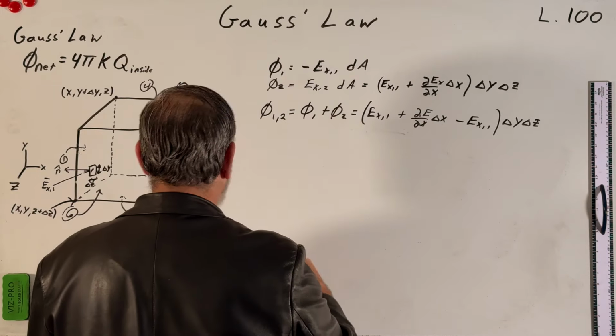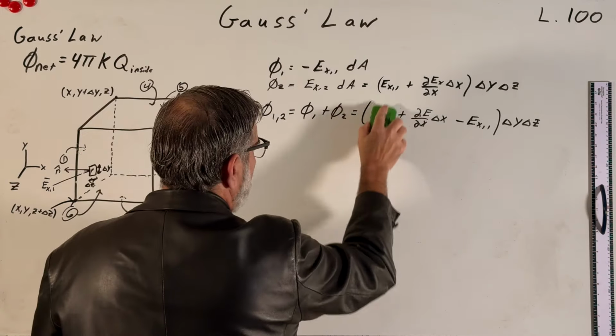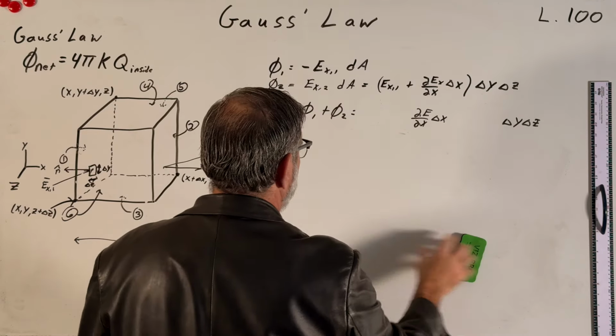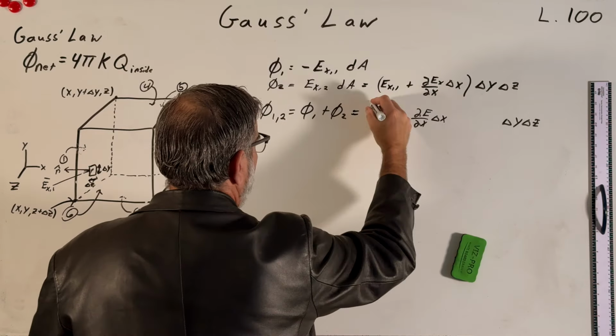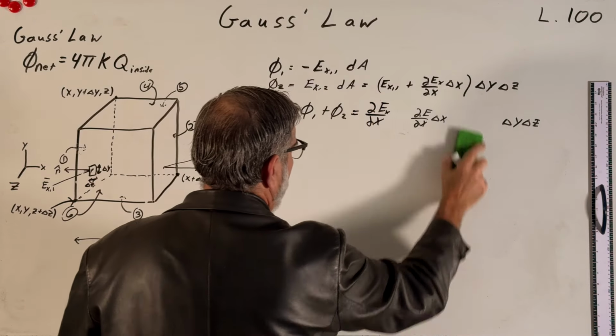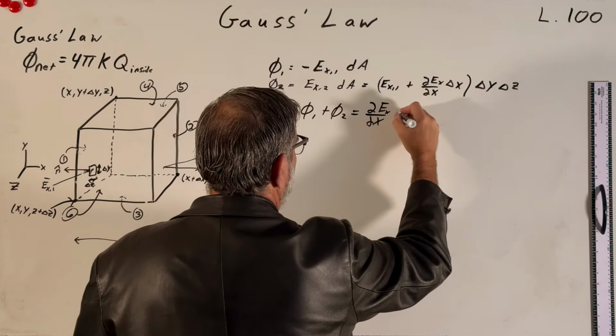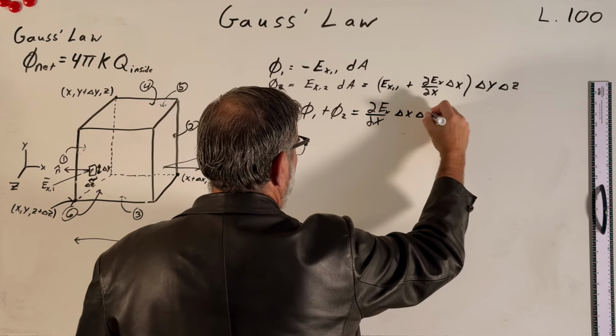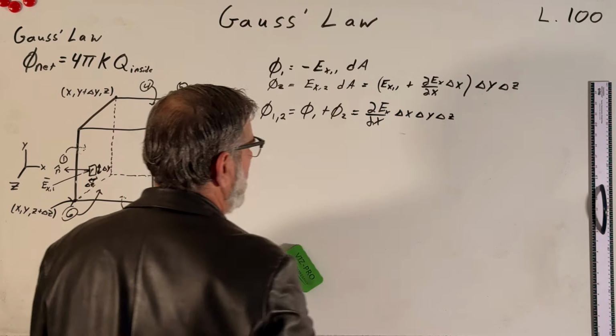Yes. So what are we left with? We're left with just this part, right? Let me just rewrite it here. dE_x/dx, this is dE sub x, by the way, times delta x times delta y times delta z, right?